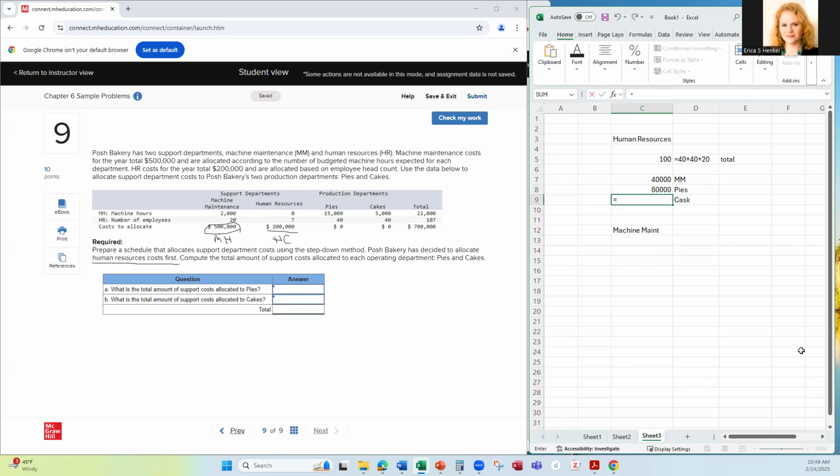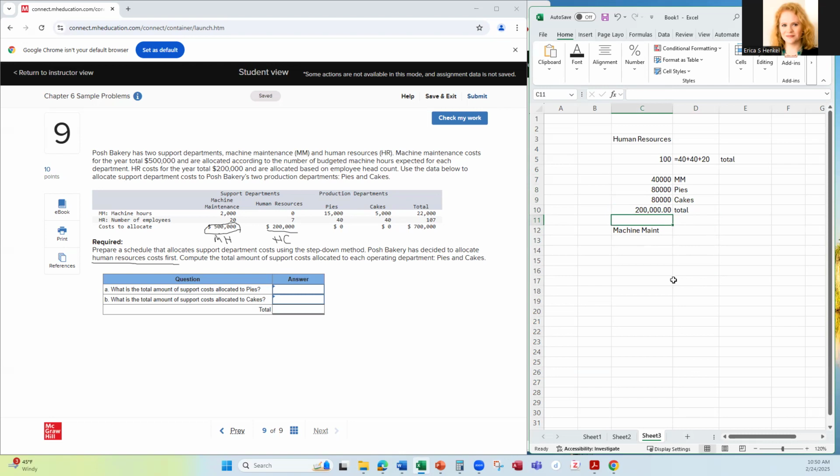And then for cakes, it's going to be 40 divided by 100 again. All right, so when we add those all up here, 200,000 is the total. All right, that's all distributed out.